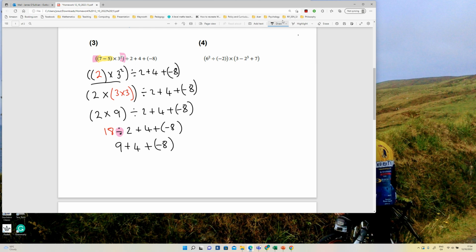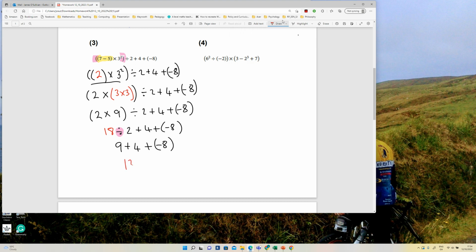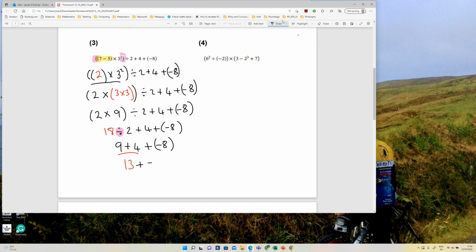So 9 and 4, I should say, is 13. So I basically executed the 2 of those together, plus what's left, which is a minus 8. So plus minus 8 is the same as saying minus 8. So it's 13 minus 8 equals 5, and that's a plus 5.